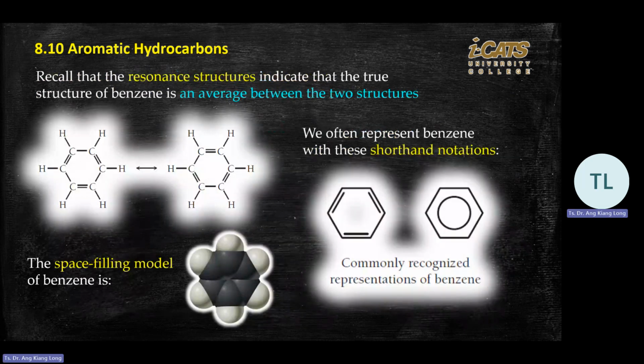Commonly, in chemical reactions or chemical books, you see this ring structure, and it's called benzene. You need to count the number of carbon: 1, 2, 3, 4, 5, 6, 6 carbon, and 6 hydrogen in the total formula. Understand?